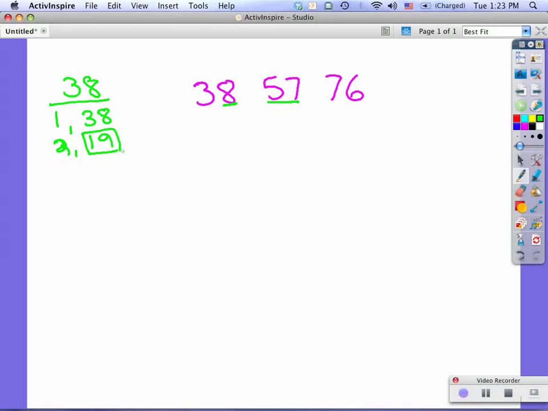Well, we know that 1 goes into 57. We know that 2 does not go into 57, right? Does 38 go into 57? 38 times 2 would be 76. No, that's too big. So what's my only option possibly? Either 1 or 19.